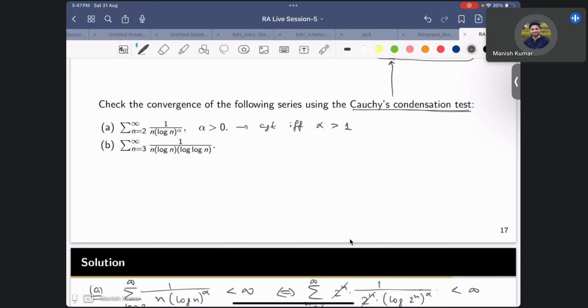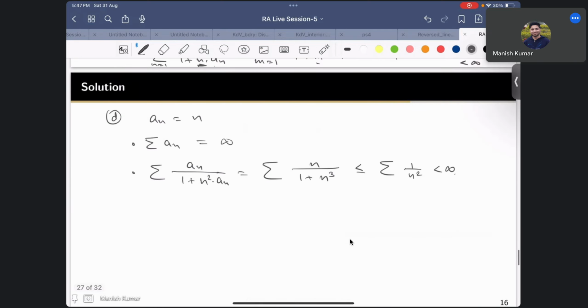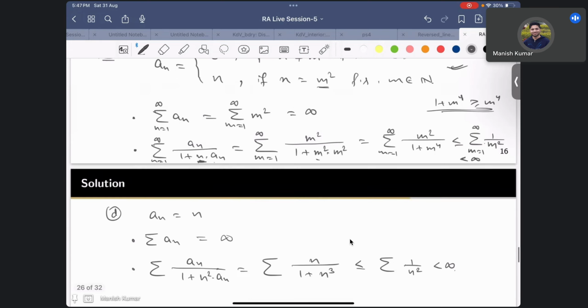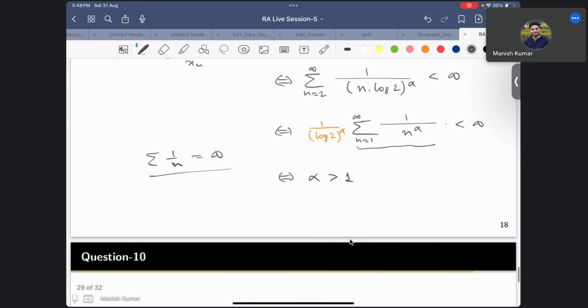I mentioned in the last example that 1 by n is divergent, equal to infinity. So this is divergent if alpha is less than or equal to 1. So the equality is also there.